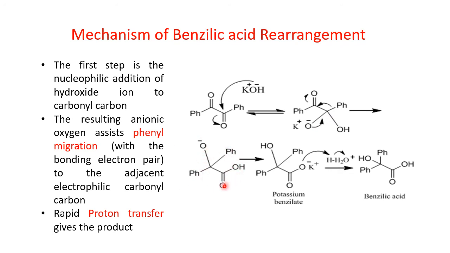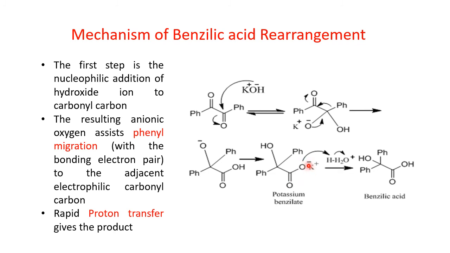And now there is rapid proton transfer. A proton from the OH group leaves from here and goes here. You get a negative charge here. Now why does this happen? This happens because the minus charge on this oxygen is more stable as compared to this oxygen, because these minus charge electrons are in conjugation with this double bond.